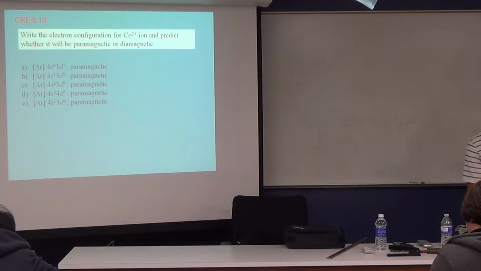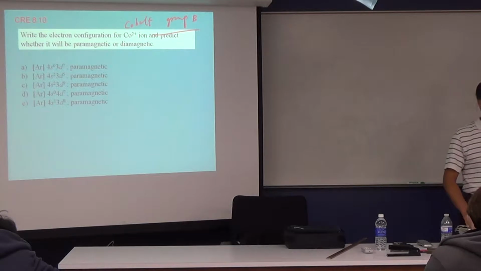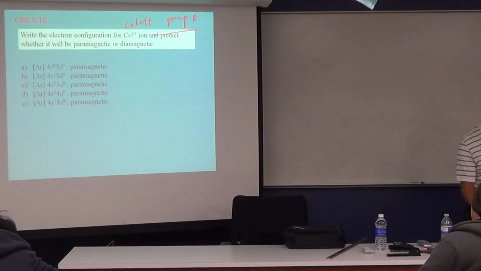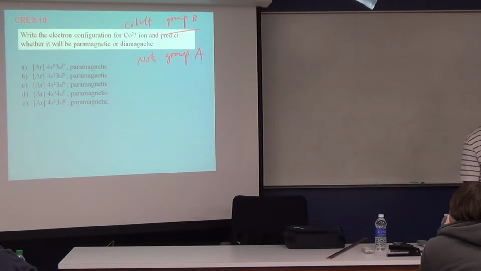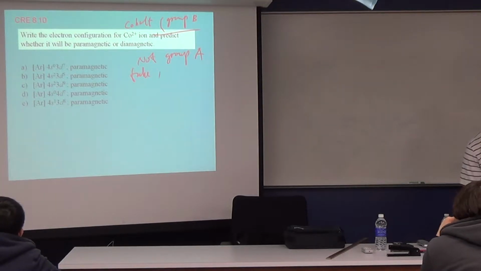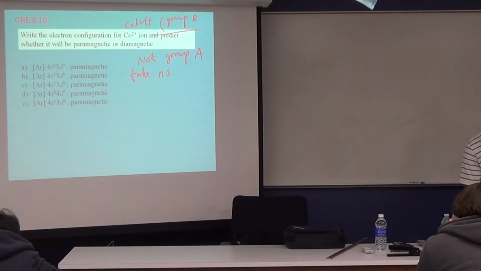Okay? Now cobalt is group B. That's how you get it. For group B, they are not group A. So for group B, you will take the ns, then the n minus 1 d.